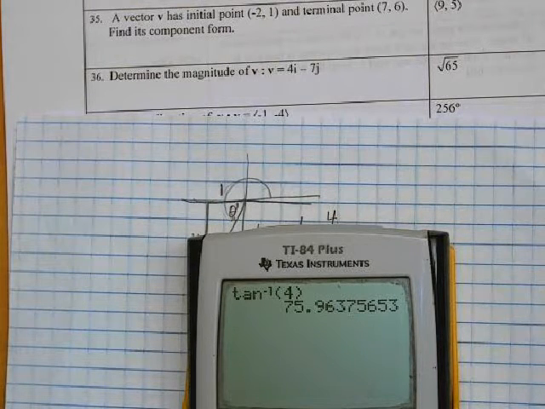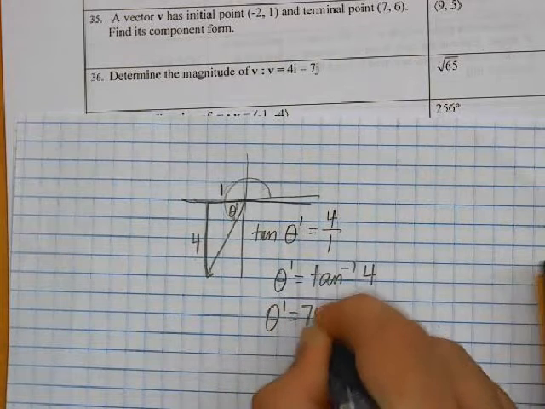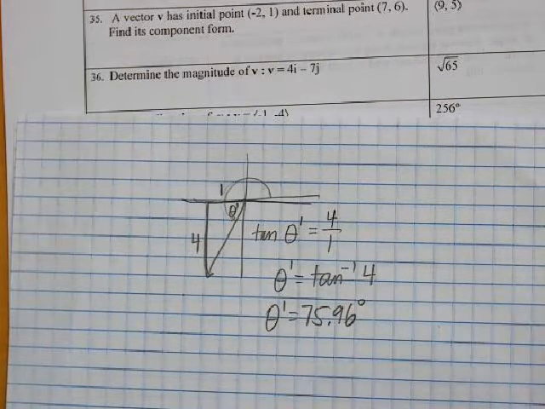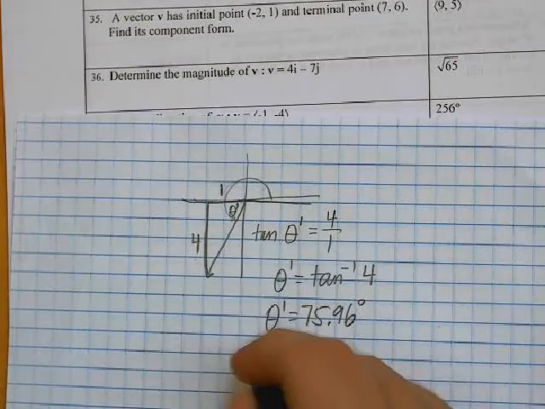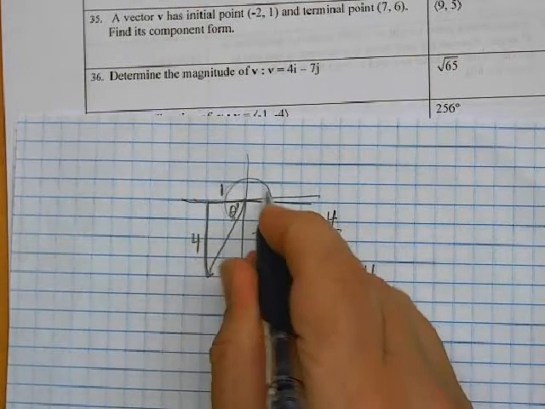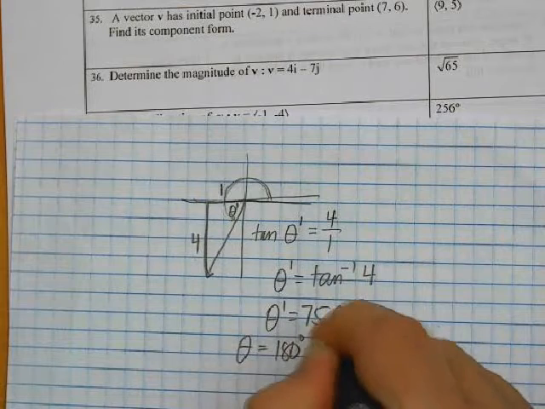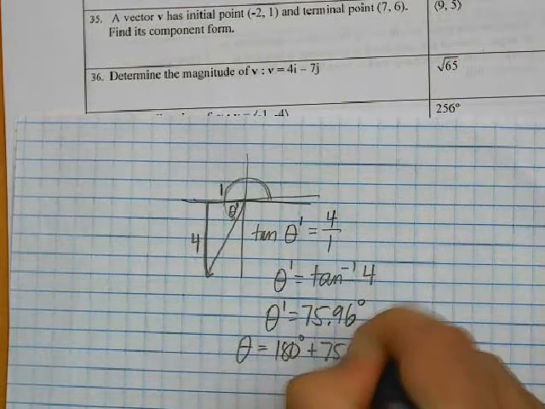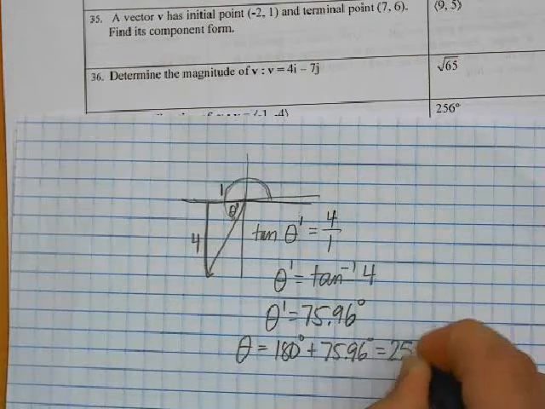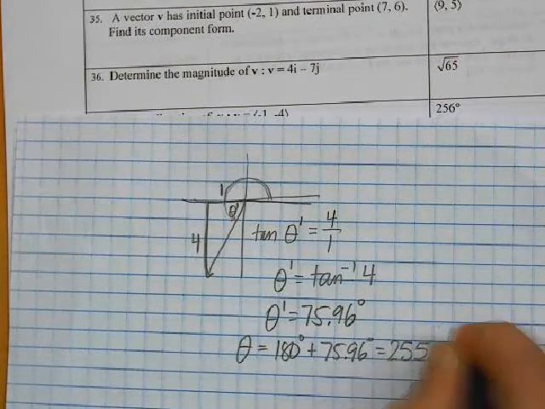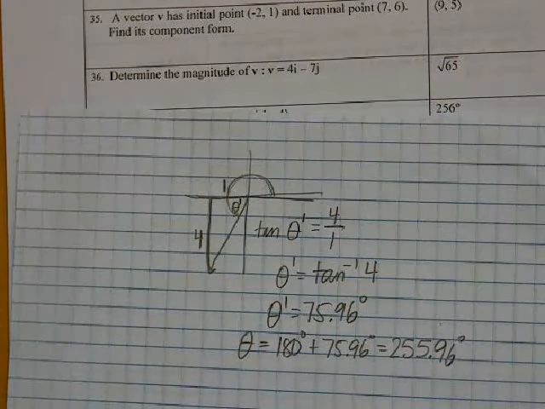Which is about 75.96 degrees. So to find theta, I'm just going to take the 180 degrees, the half rotation, and add the 75.96 degrees. Which gives me 255.96 degrees.